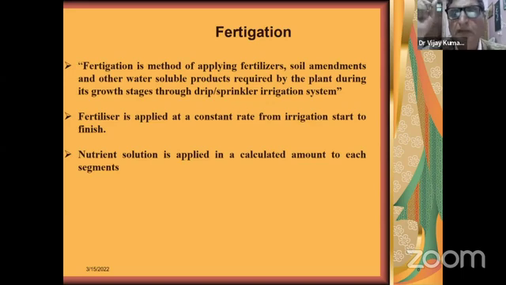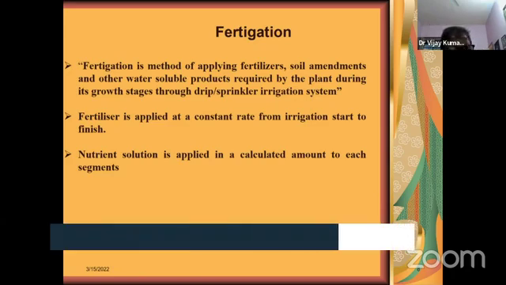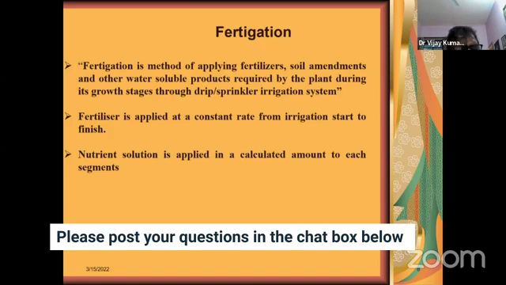And then the calculated, exact amount, because we are adding the fertilizer through drip, that means drop by drop. So drop by drop, all the water will be applied, and similarly the fertilizer will go into the root. So we will be improving the water and nutrient use efficiency greatly with fertigation.